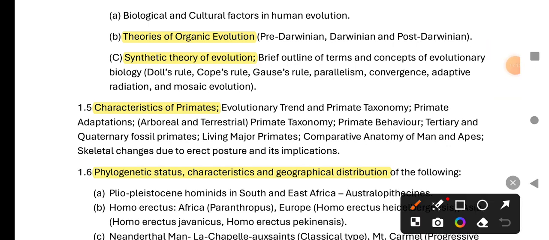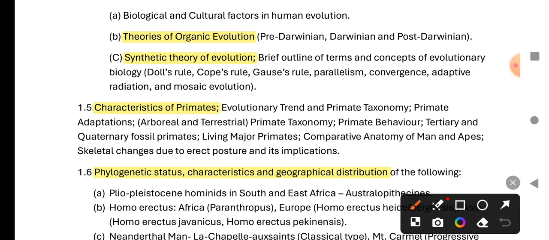Anthropoidea is divided into three parts: Cercopithecoidea, Ceboidea, and Hominoidea. Ceboidea is known as new world monkeys, and Cercopithecoidea means old world monkeys.